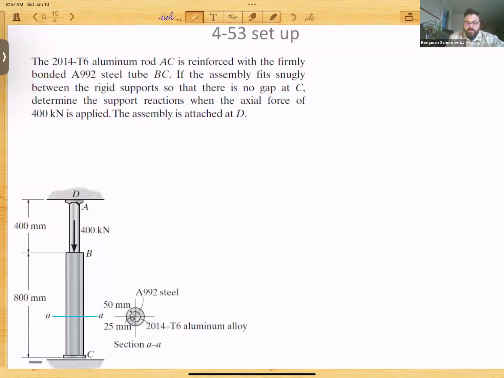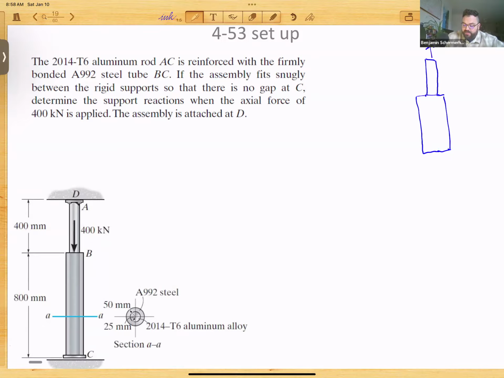So one of the things that we want to do first is take a look at what is going on here. So sketching this out, just like the problems that we were doing in the last video, we're going to think about sketching out our free body diagram here, adding in some forces for our supports.